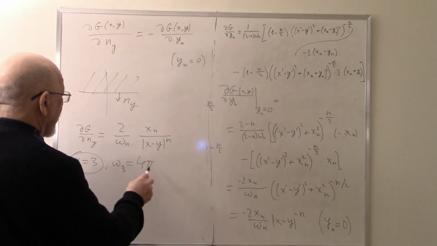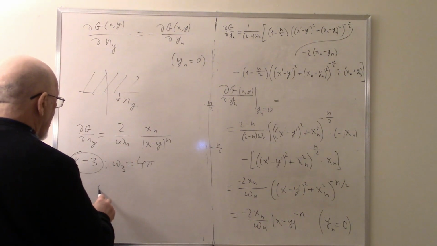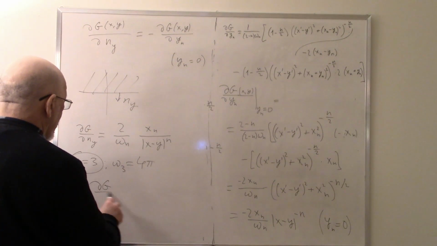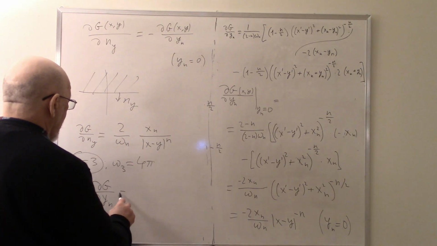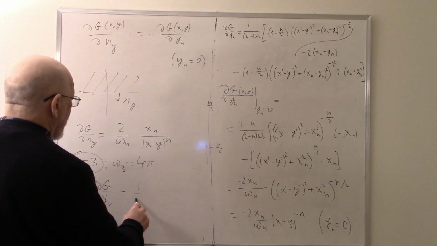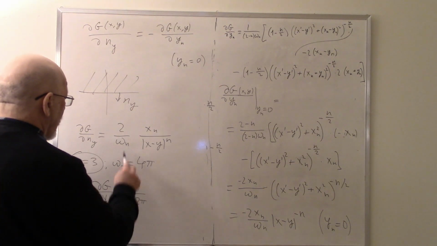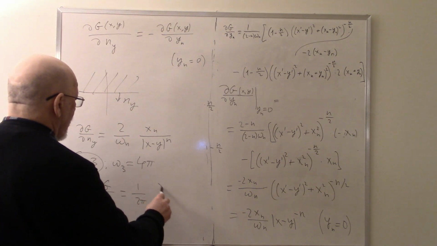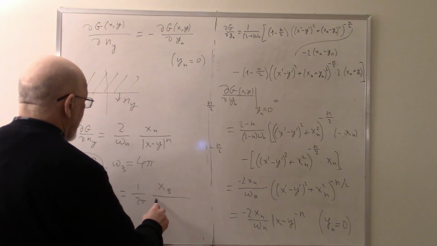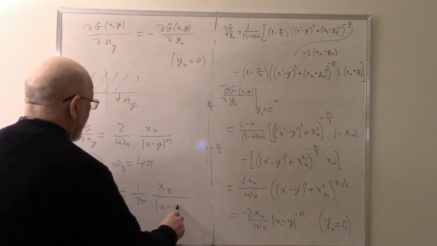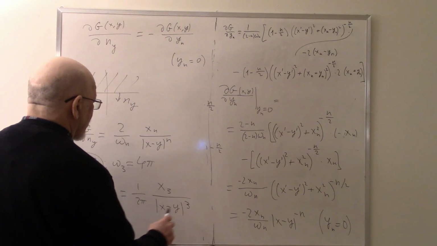And so 2 divided by 4 pi, so dg over dny equals 1 over 2 pi, x3 divided by modulus x minus y cubed.